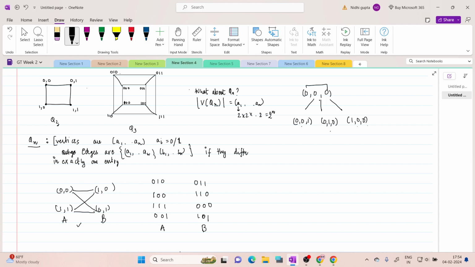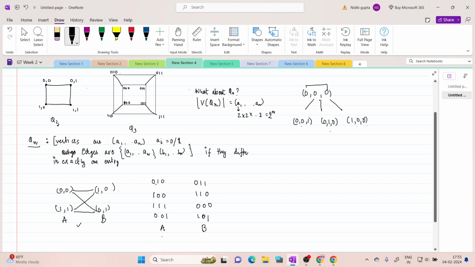In how many entries are they differing? Two, so they cannot have an edge. Similarly, all of these cannot have an edge between them, because 1 0 0 and 1 1 1 also differ in two entries, and 1 1 1 and 0 0 1 differ in two entries.